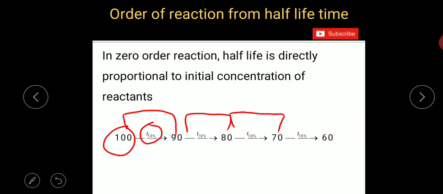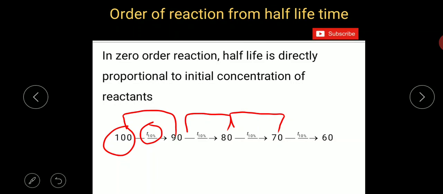So the time taken for the completion of 10% of the reaction is directly proportional to the initial concentration of reactants. Not only T 10%, T 50%, the half-life time, is also directly proportional to the initial concentration of reactants in a zero-order reaction.